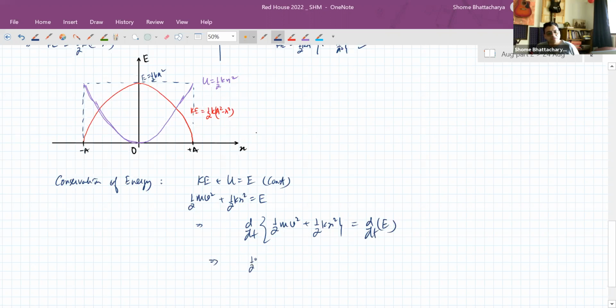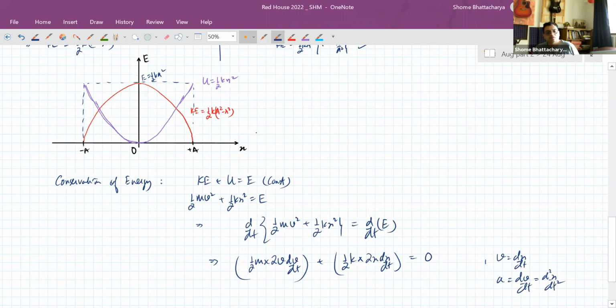So differentiating this, half m into 2v dv by dt plus half k into 2x dx by dt should be equal to 0. Now v is dx by dt and a is dv by dt, which is d2x by dt square.